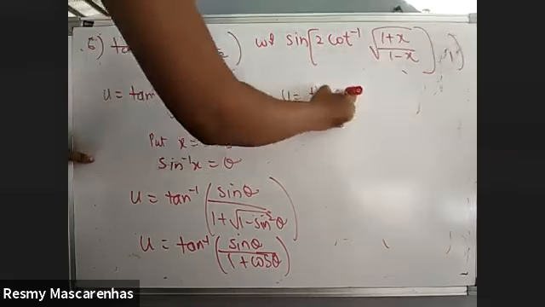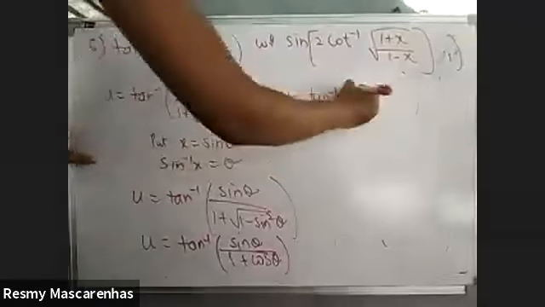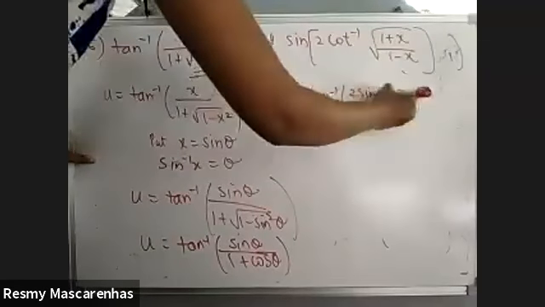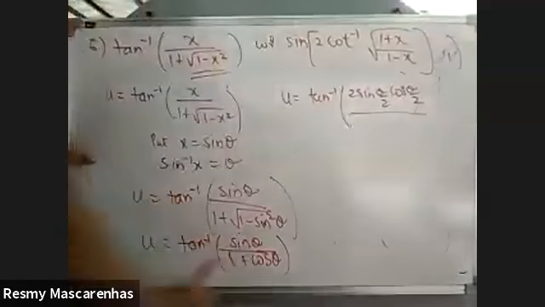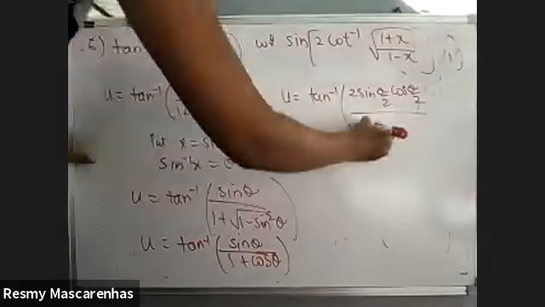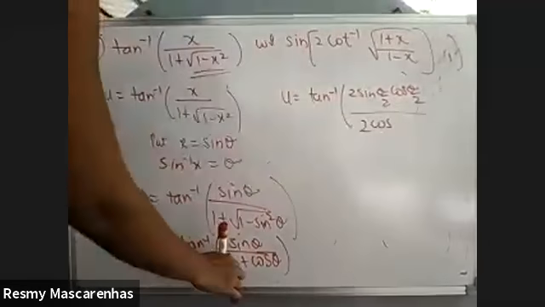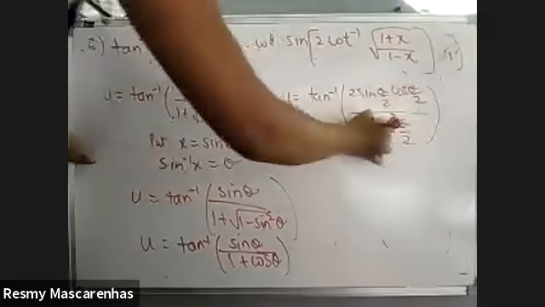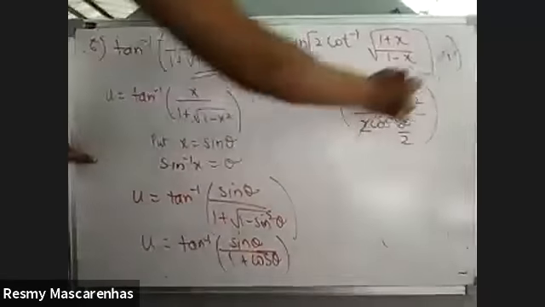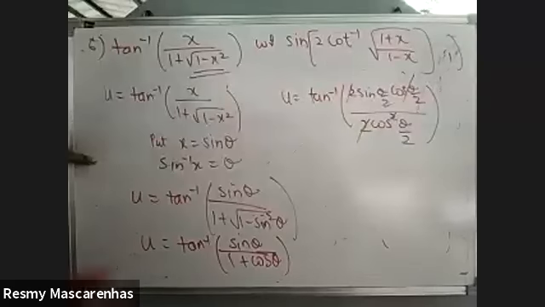So tan inverse of sine theta upon 1 plus cos theta is nothing but 2 sine theta by 2 cos theta by 2. And 1 plus cos theta, plus means cos. If this was minus, this would have been sine. The cos terms will cancel.